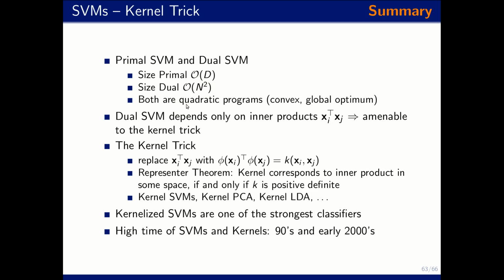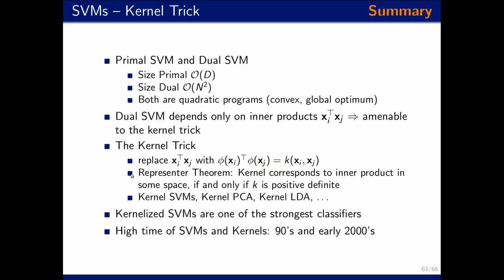So both of them are quadratic programs and convex, and we can find a global optimal solution. Crucially, however, the dual SVM depends only on inner products, and therefore it unlocks the kernel trick for us. And again, the kernel trick in a nutshell is: replace inner products with inner products in a feature space and express this cheaply with a kernel function.